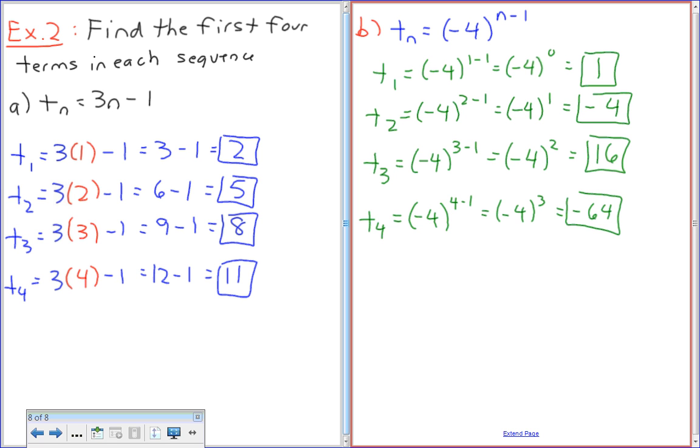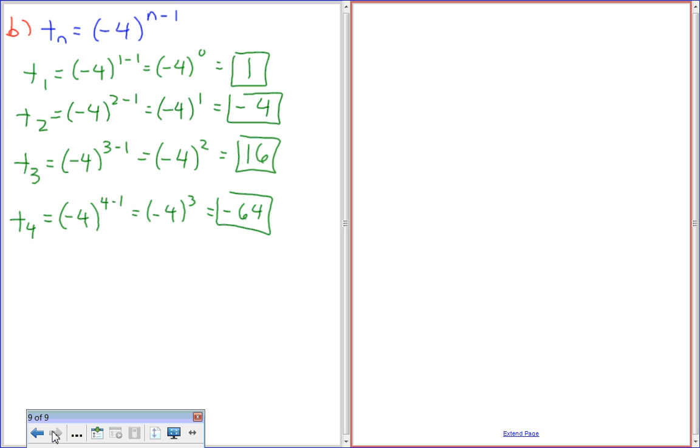Our third type of sequence we're going to talk about right now is called recursive sequences. These are sequences based on the previous term.